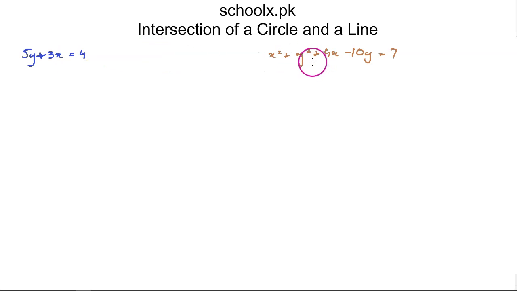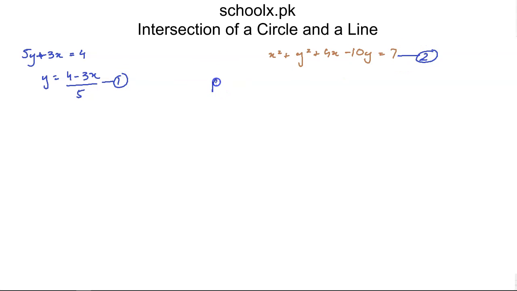It's pretty simple. We will solve them both simultaneously. From this, I'll find the expression of y, or you can find the expression of x, but I prefer finding the expression of y because it's easier, which is 4 minus 3x over 5. Let's name this equation 1, and this is our equation 2.